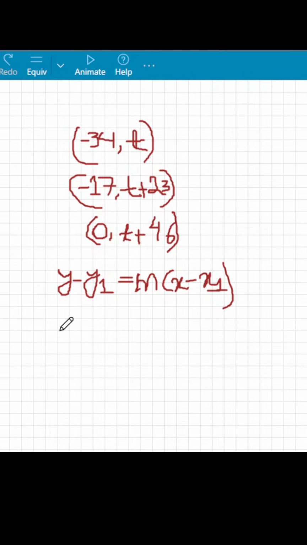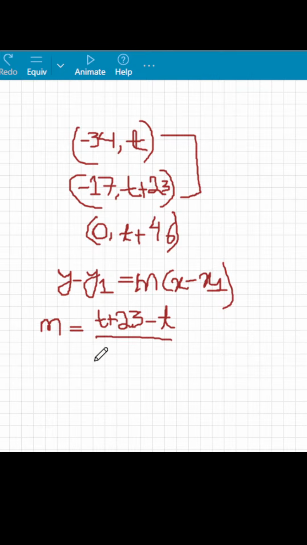So first let us find the slope here. So m is equal to y2 minus y1 by x2 minus x1. We can take any of these points. Suppose we take these two points. We first subtract the y coordinates, that is t plus 23 minus t, and then we subtract the x coordinates, that is minus 17 minus minus 34, which will be plus 34.